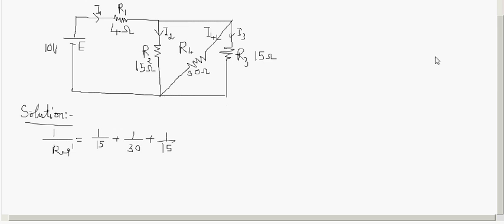If I take 30 as the common denominator, it is 2 plus 1 plus 2, or 5 by 30.